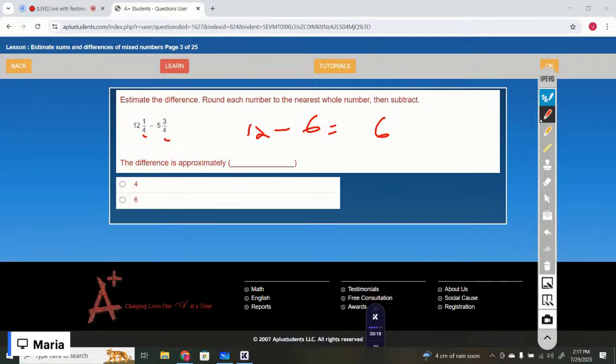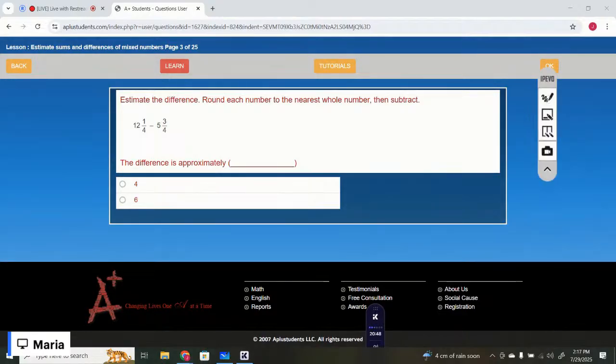Option number 2 is the correct option. That is 6.